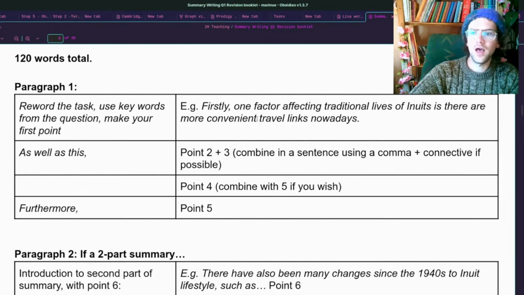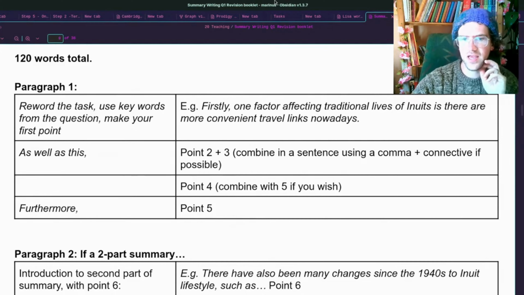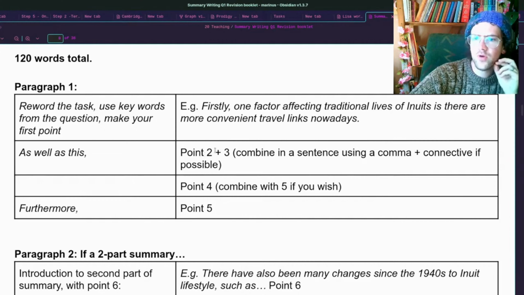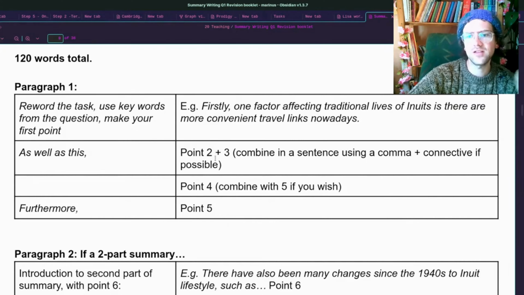So, firstly, one factor affecting traditional lives of Inuit is that there are more convenient travel links nowadays. As well as this, you're going to continue, and you can take points 2 and 3 if they're related and combine them with a comma or a connective so that you don't have 5 little sentences that look like a point form list.